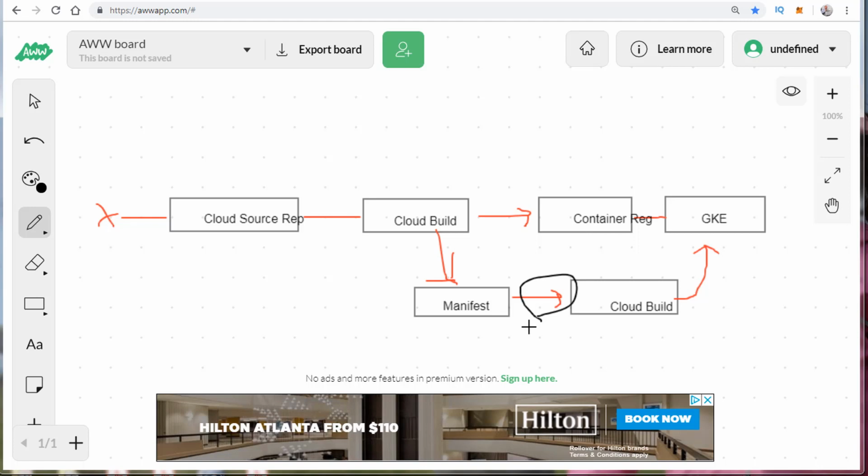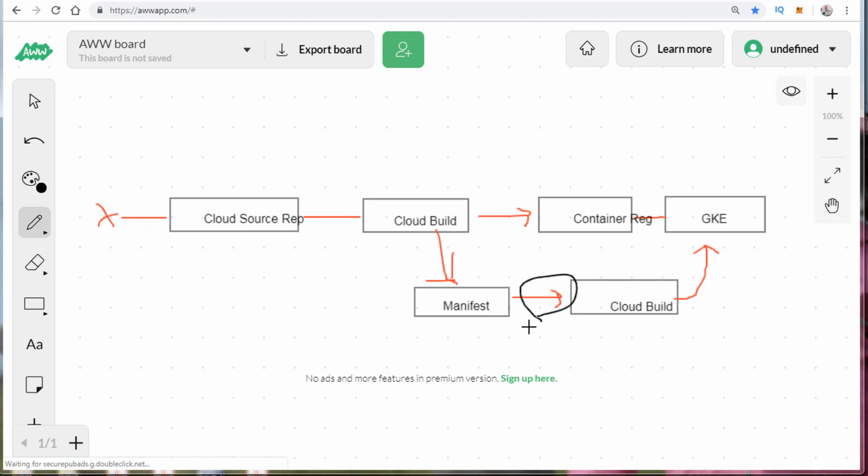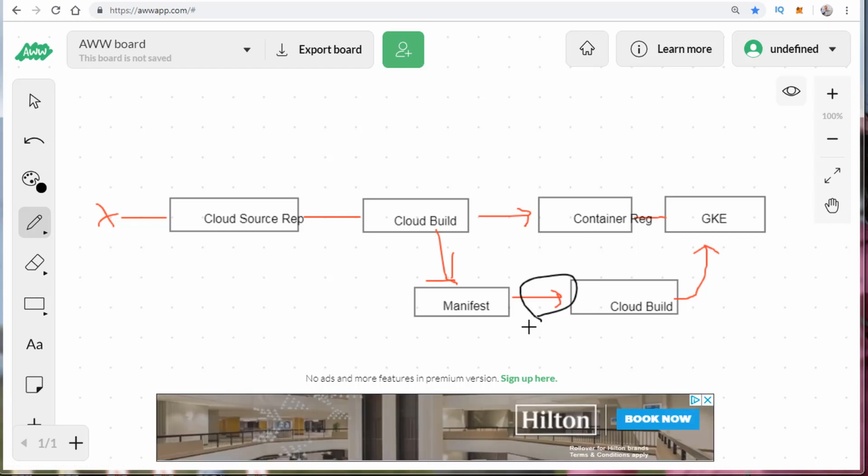So remember too, Cloud Build is a pipeline. It's going to run a test, build an image, push it out to Container Registry. After it pushes it out to Container Registry, it needs to run that on GKE and pull in the manifest. And again, that's why we need to have two pipelines in this specific case.